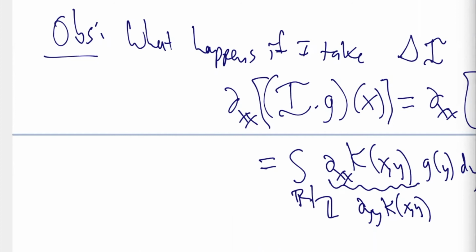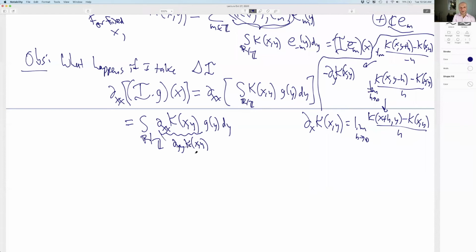But the Laplacian is self-adjoint. So if I have an inner product of this k with this g, but I put a Laplacian in front of the k, because delta is self-adjoint, that's the same as integrating over R mod Z, k of xy, two derivatives in y of g.